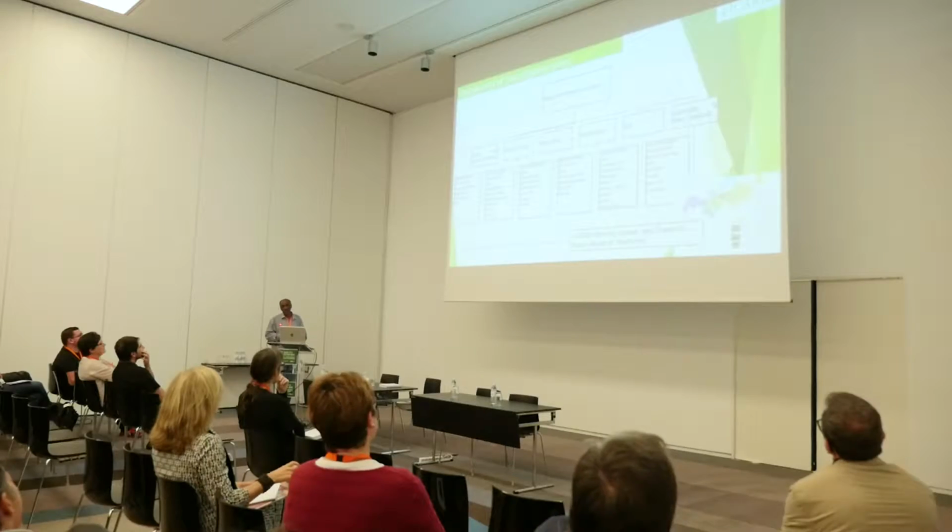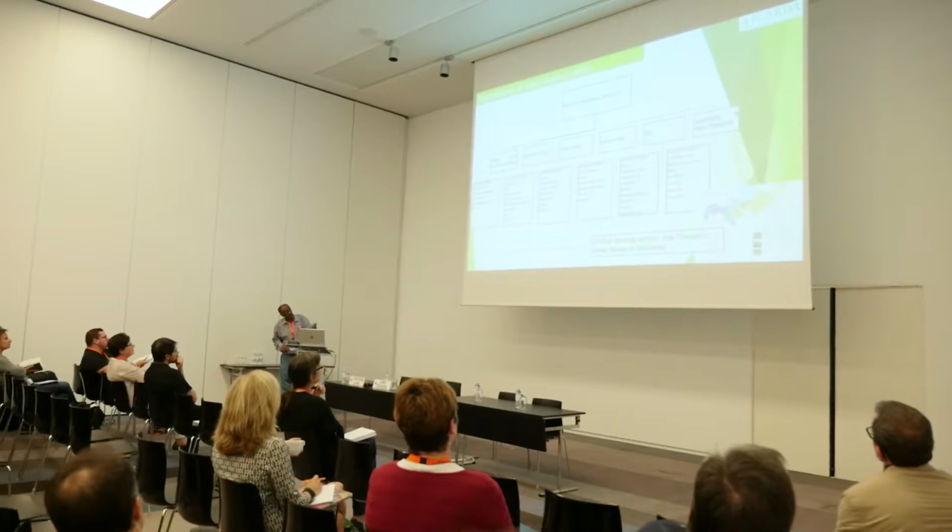So ICARDA, as a breeding center, has divided the regions where we operate into mega-environments where we send our germplasm. We have South and North America, North Africa, West Asia, South Asia, and Sub-Saharan Africa.